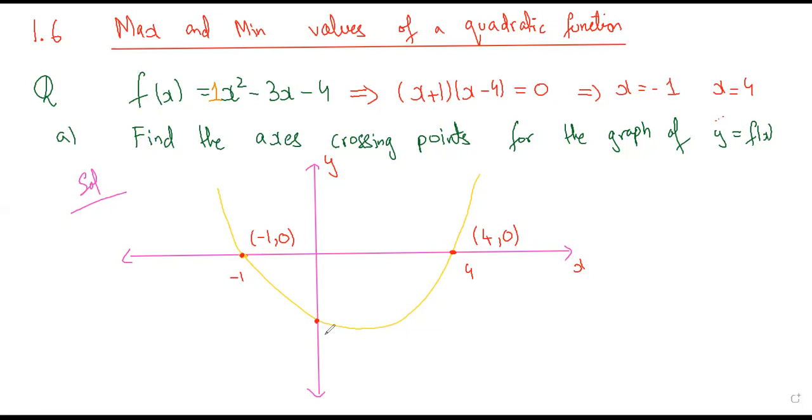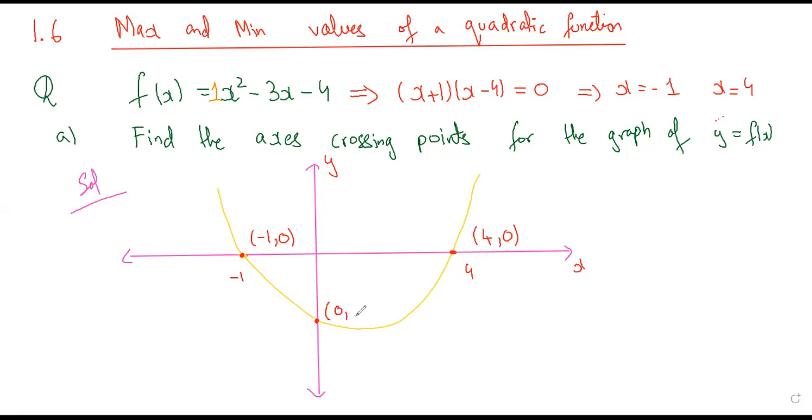Can anyone tell me how I am going to find this point? Okay, I'll tell you. We are going to find this point by knowing that on the y-axis, x would be 0.